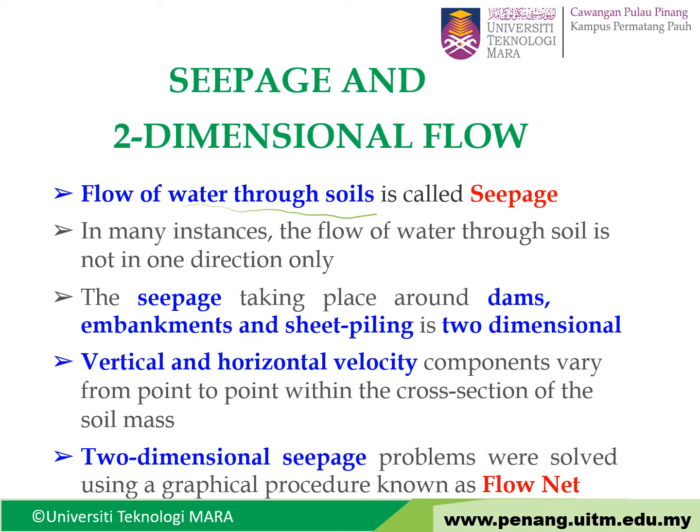Vertical and horizontal velocity components vary from point to point within the cross section of the soil mass. Two-dimensional seepage problems are solved using a graphical method known as flow net.